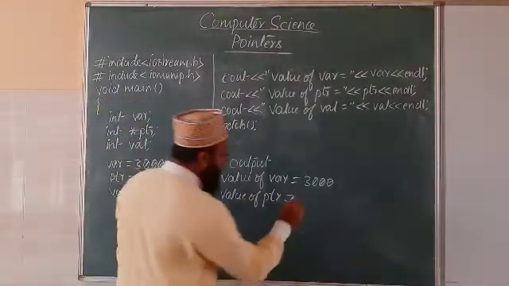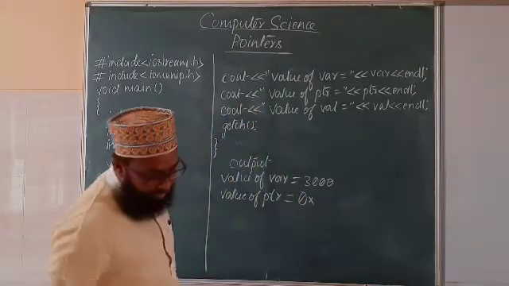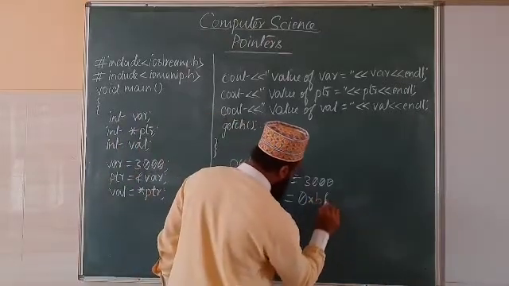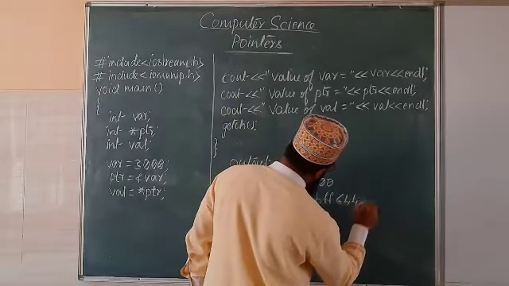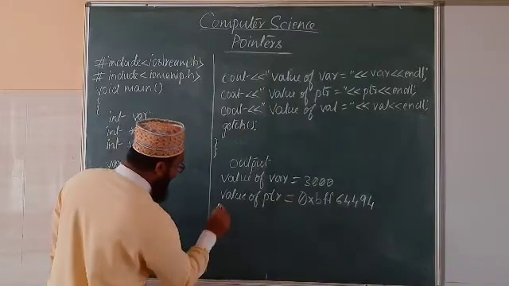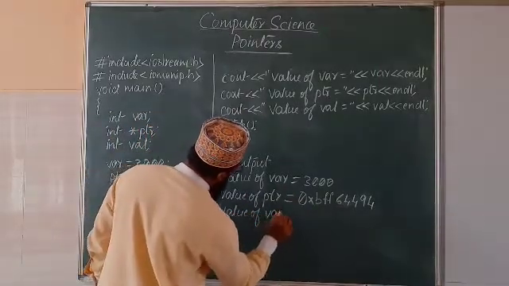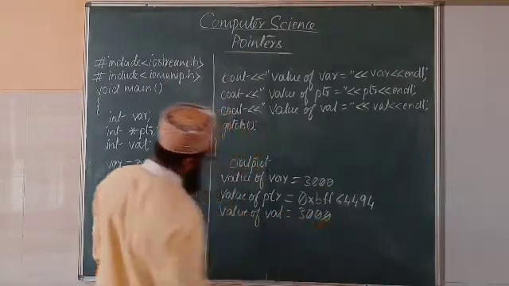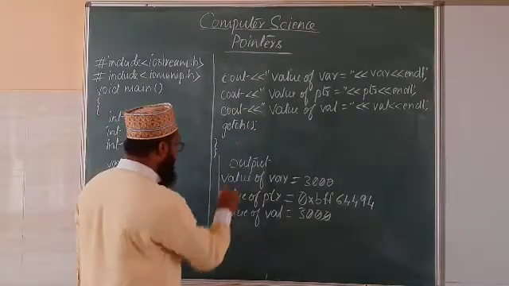So the address where this var is located, it will print some different address, that is 0xBFF64494. It means in this address this var is located. Then finally value of val, which is equal to 3000. Like this the program will give you the output.